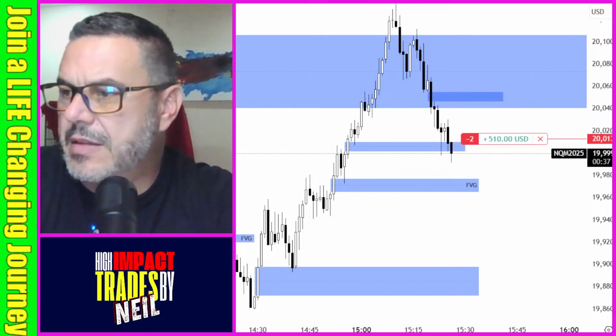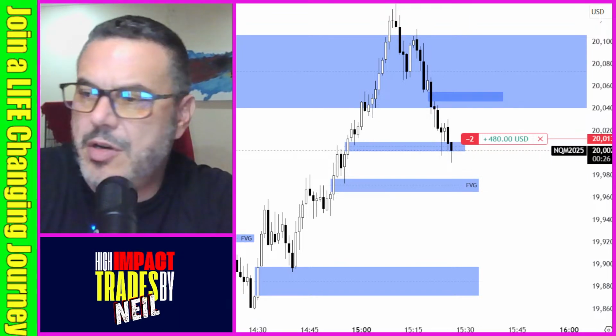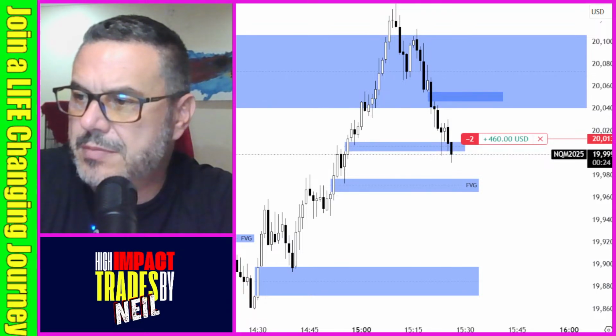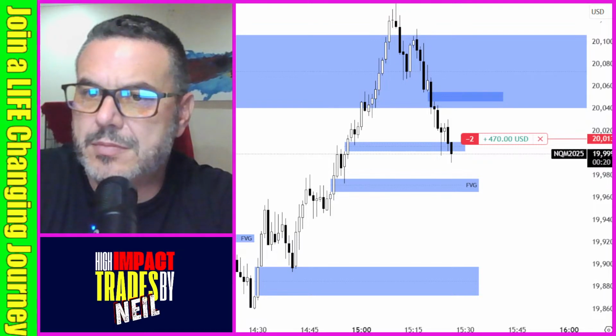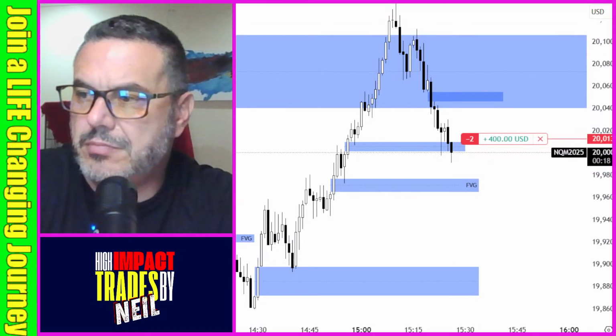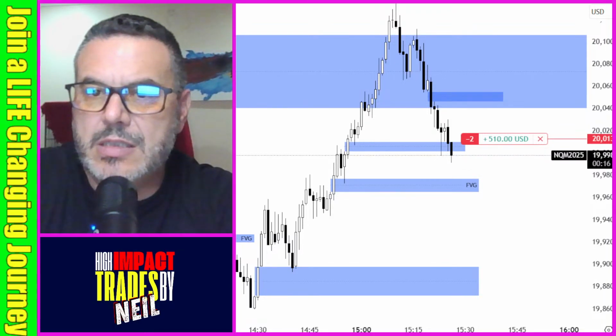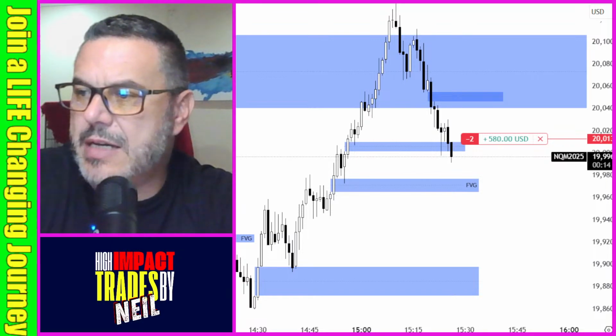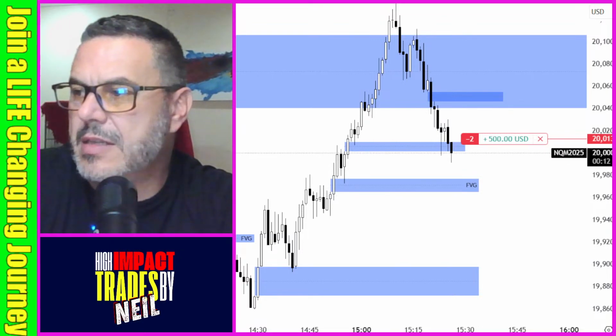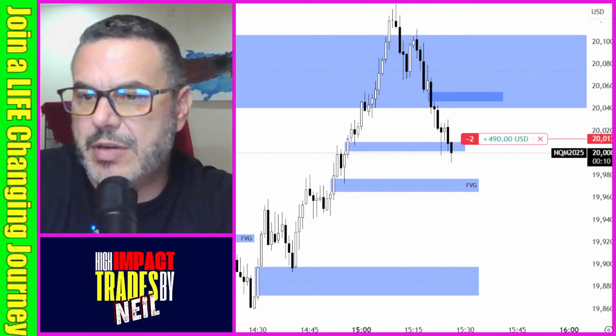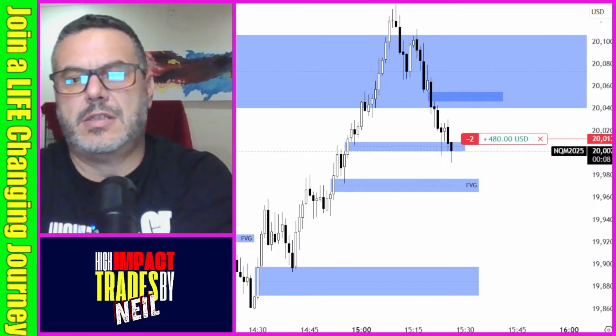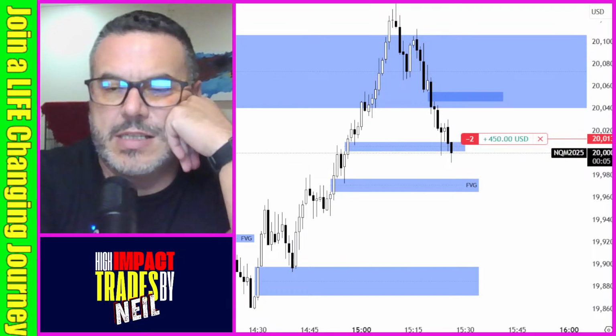Let's see if we can keep this momentum going to push lower. Hopefully this FOMC is one of those outliers where we can see our target get hit during the session still. Got 34 minutes left.